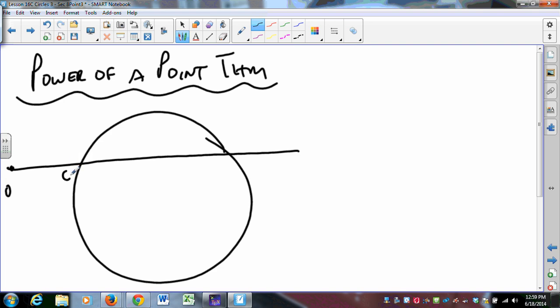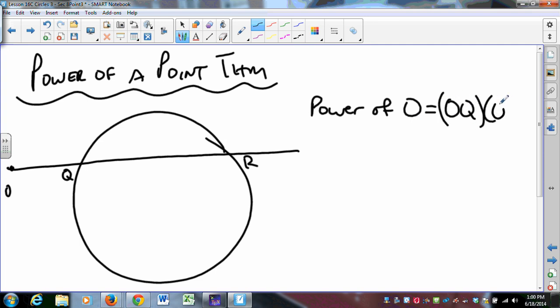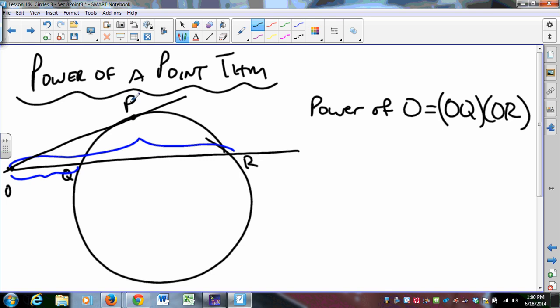That line hits the circle at 2 distinct points. The power of O with respect to the circle is the product OQ times OR, this distance times that distance. If the line I draw only intersects the circle one time, if that's a tangent line, then we define the power of the point O to be OP squared.